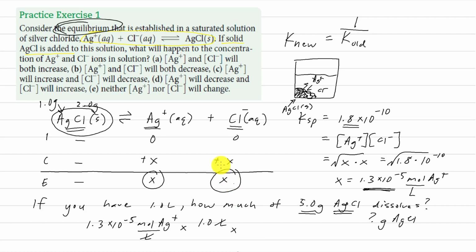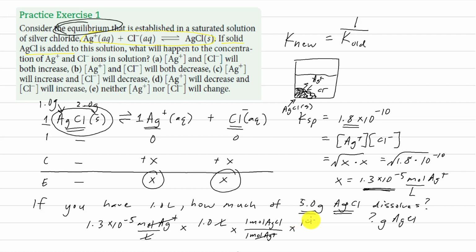Next, we're going to use the mole to mole ratio. It's 1 mole of Ag for every 1 mole of AgCl. So 1 mole of AgCl dissolves for every 1 mole of Ag. So that cancels with this. Next, we're getting grams of AgCl, so we need the molar mass of AgCl.